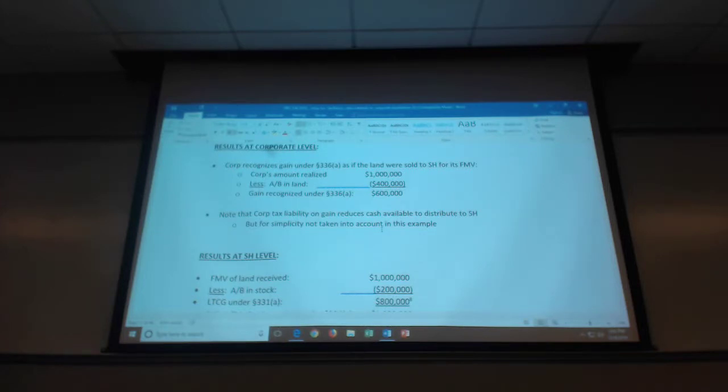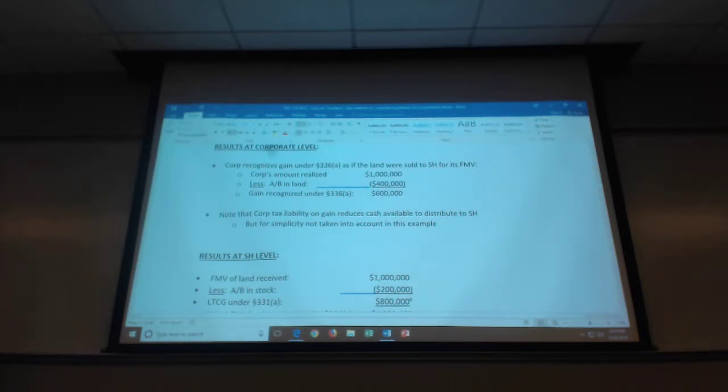Here, the land has a value of $1 million. It's got a basis of $400,000. So if there were a hypothetical sale of that land to the shareholder, what would happen? A sale or exchange, amount realized of $1 million, $600,000 of gain would have been realized, and the code 336A tells us that there is a recognition event.